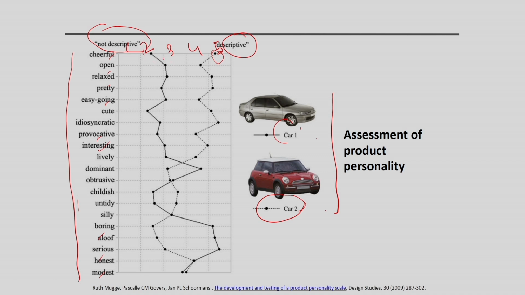Like this, for each of these criteria they have assigned a value against each product. By that you can assess the personality of the product, and depending on that you can use it from the point of view of product design.